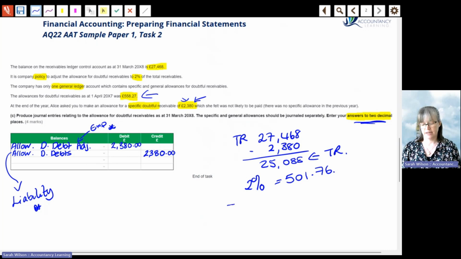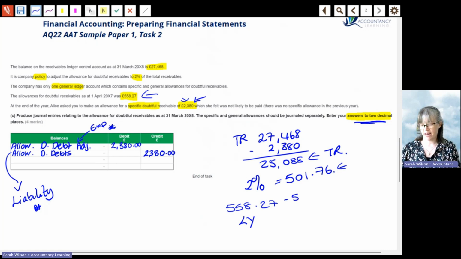So we had £558.27 from the previous year, last year's provision. That's already in the accounts, but this is the figure we want the accounts to show. So based on the fact that 558.27 is higher than 501.76, we need to reduce the provision down.